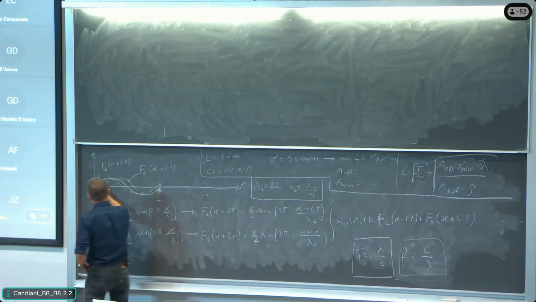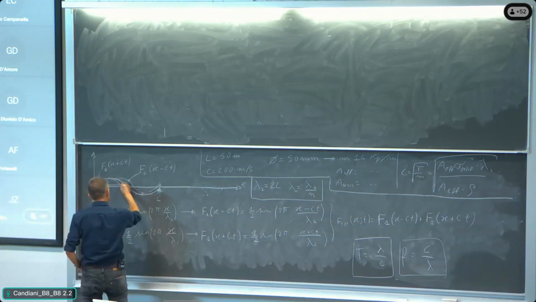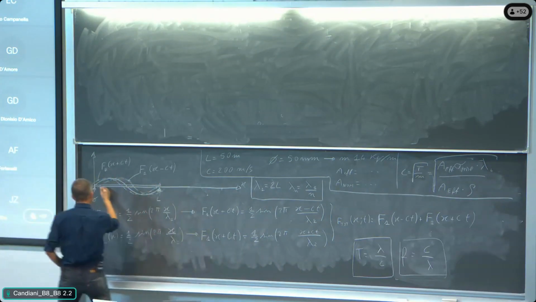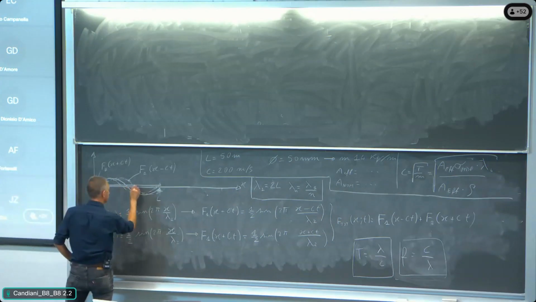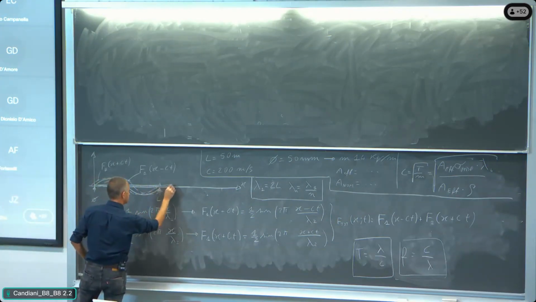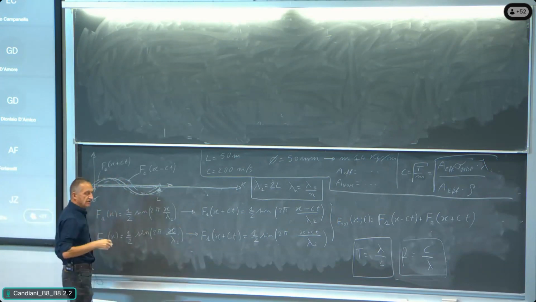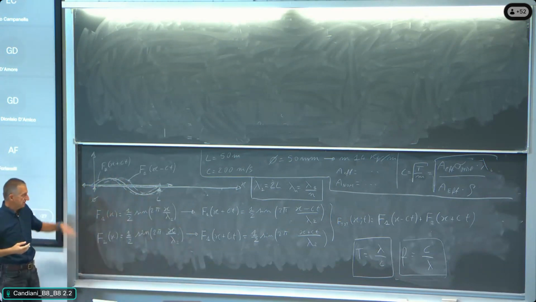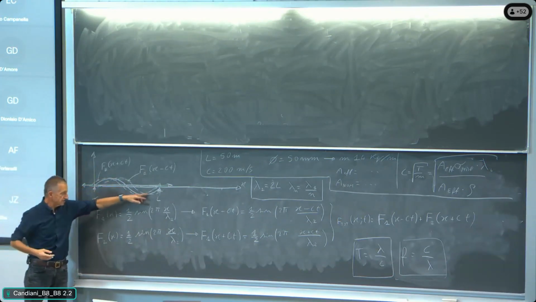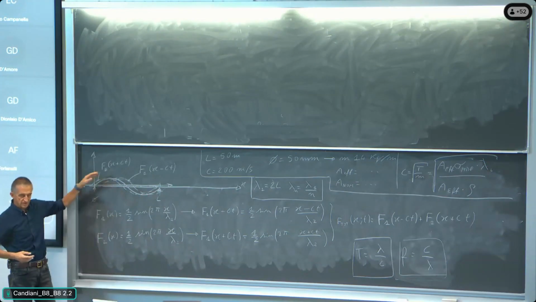We have a cable that is running from 0 to L. So the real cable is this one that is shown here. This real cable is tensioned, okay? And now what we do, we make the exercise of taking a shape that you recognize, that is the shape of the second mode of vibration of the cable.